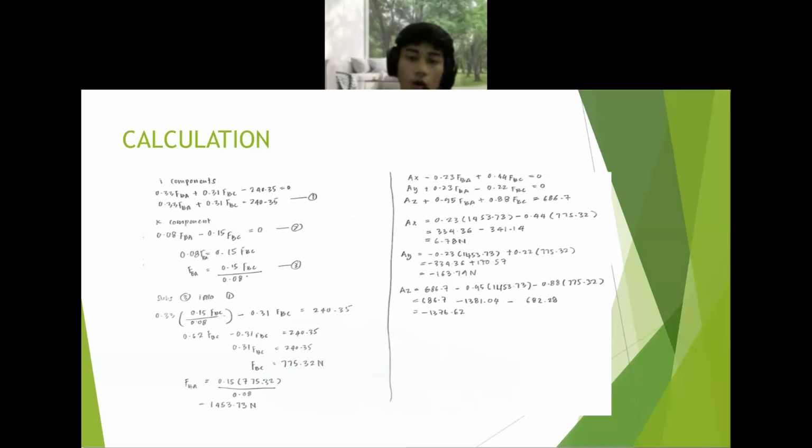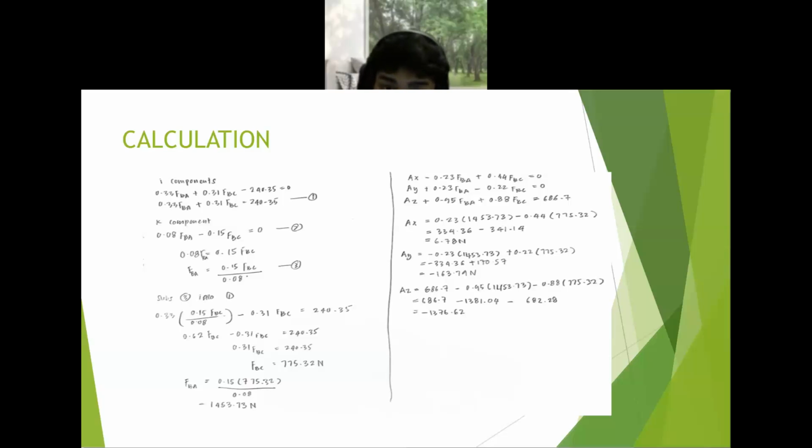After this, we substitute the values into the equilibrium equations, which from the earlier slide gave us Fx, Fy, and Fz, the three equations.